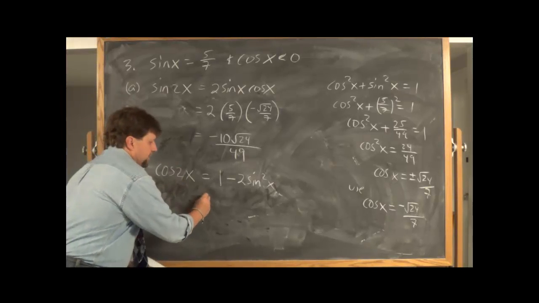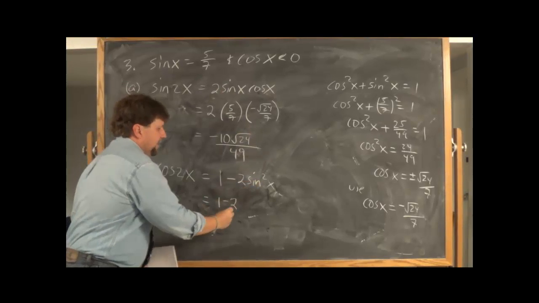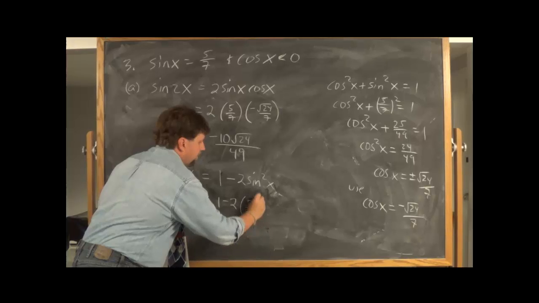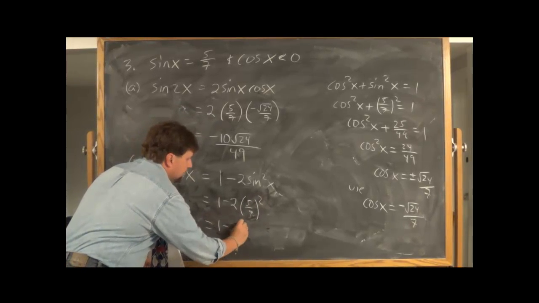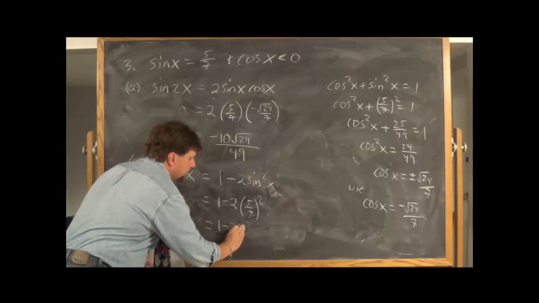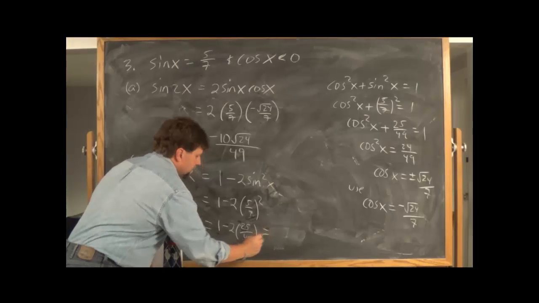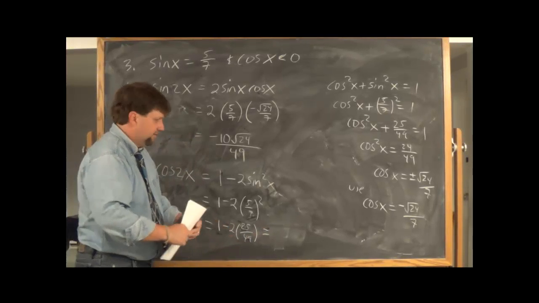So just simply substitute in 5/7 for the sine of x, and when you take 5/7 and square it, you get 25 over 49, and that's 1 minus 50 over 49.